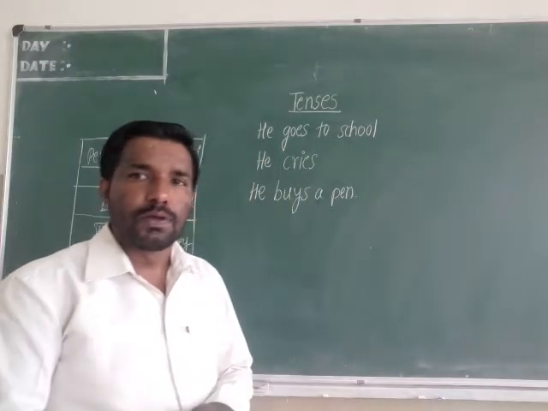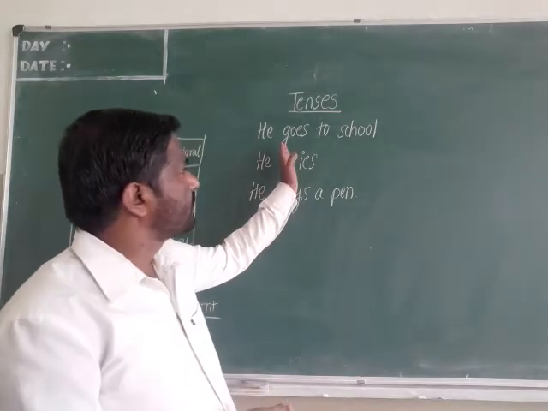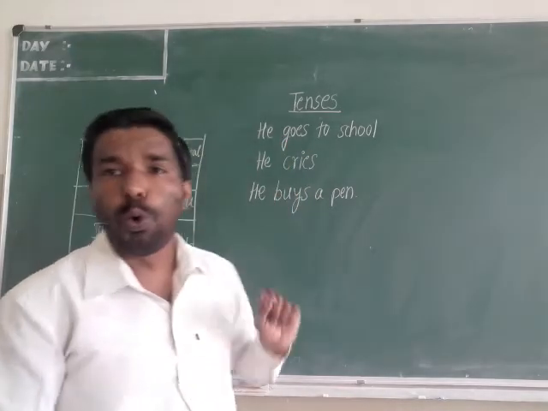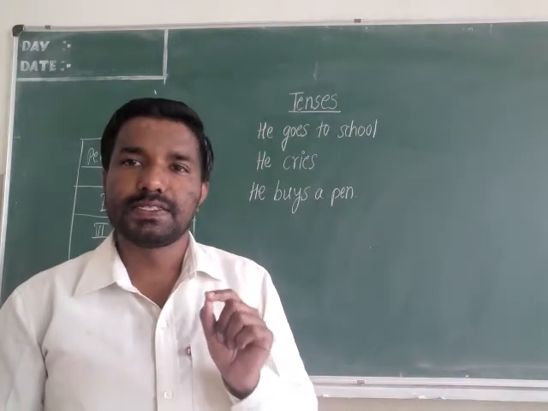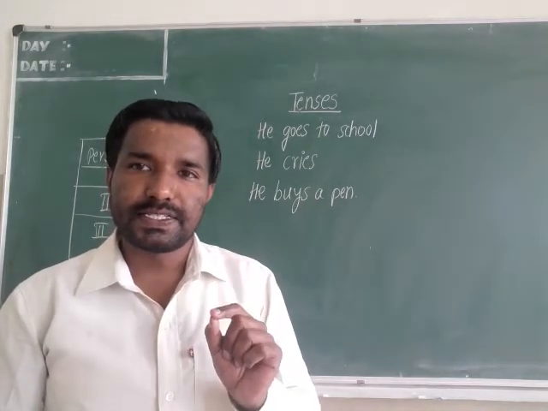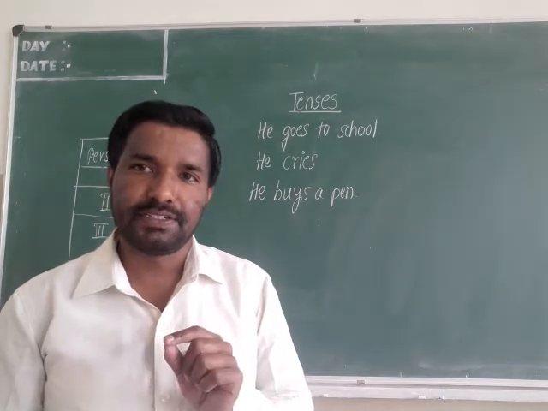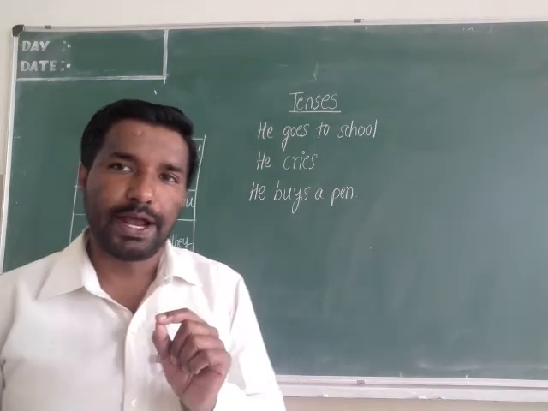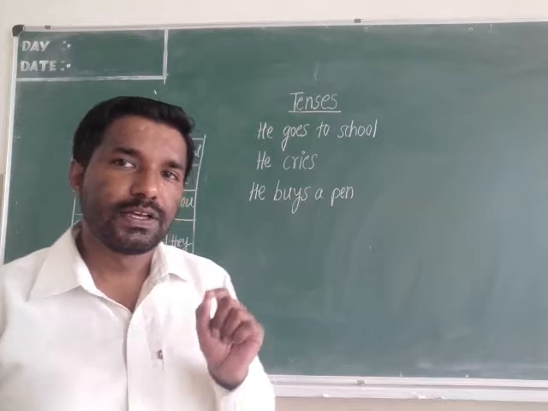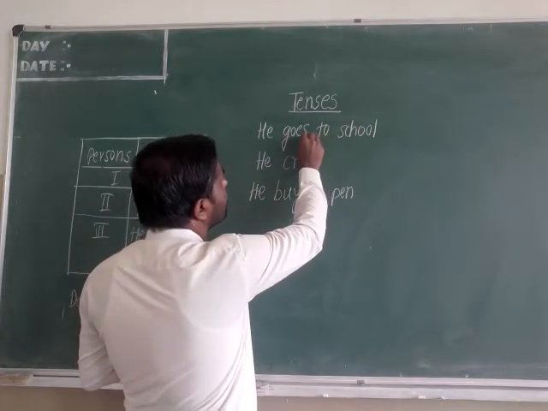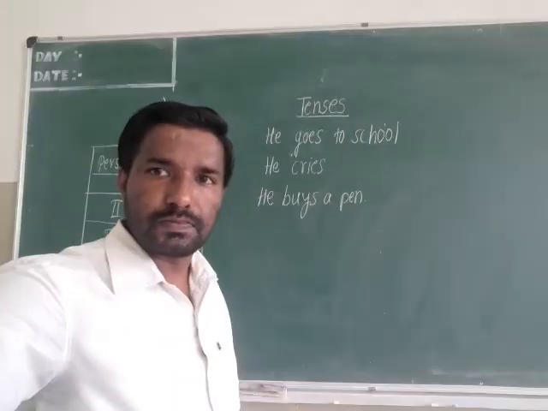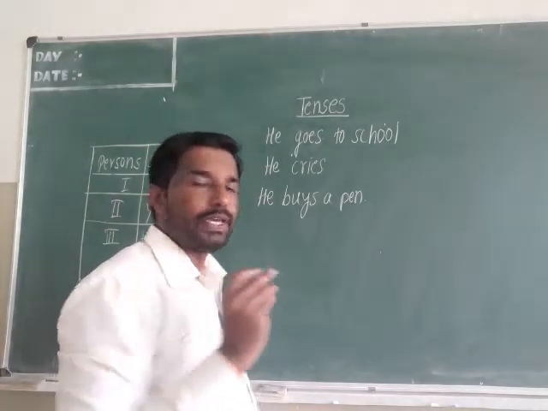See here. When the words end with O, double S, X, Z, SH, CH. When the verb ends with these letters, usually you have to add ES for the verb.